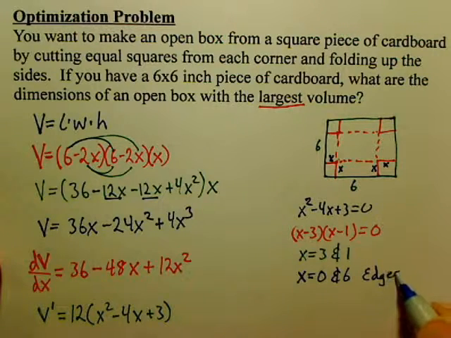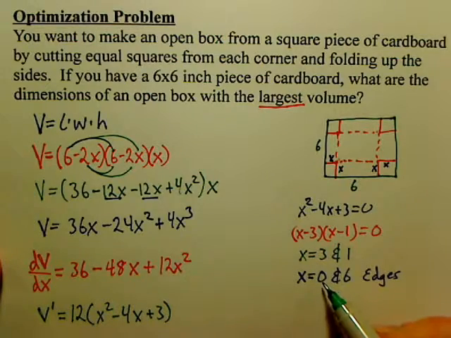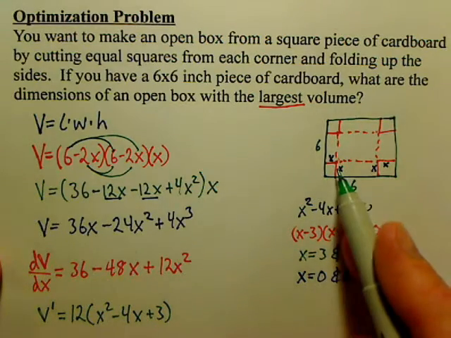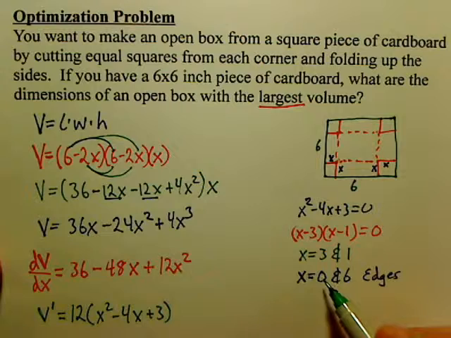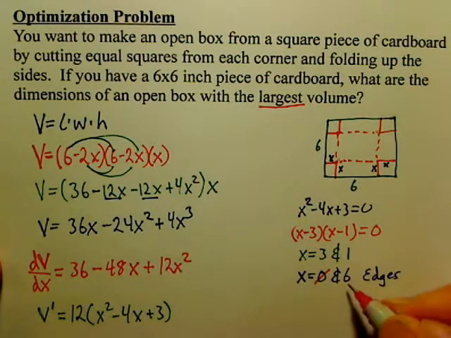Those are the edges. Okay, now let's logically, before we go any farther, think of which ones make any sense. Alright, I cut out nothing. Well, if I cut out no edge, it's flat paper, I have no box. So let's say that's done. If I cut the whole 6 out, wait, how can you cut all 6 of it out?